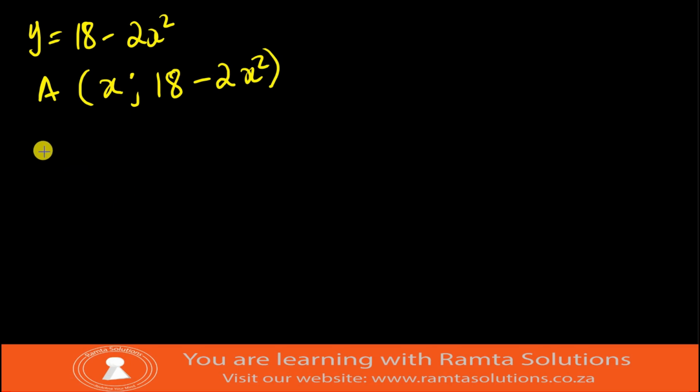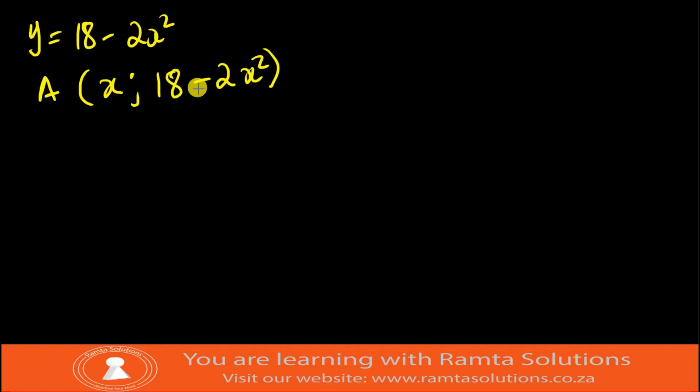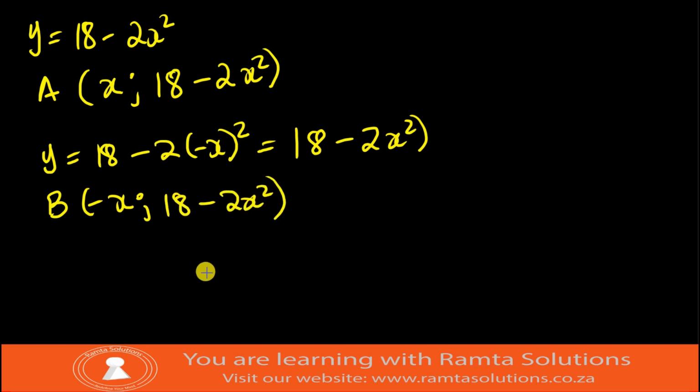And then let's go look at B. When we look at B, its x value will be negative x. So when we substitute this, it'll still be y equals 18 minus 2 into negative x all squared. This is still 18 minus 2x squared. So the y value of point B is still 18 minus 2x squared.